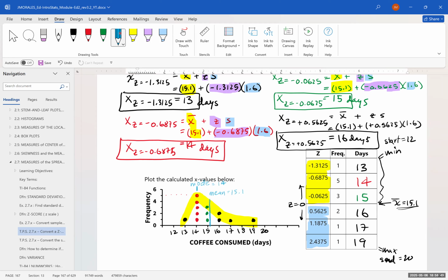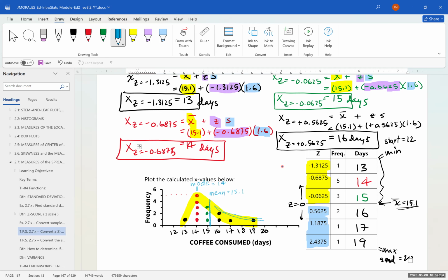Now notice that the mode and the mean are not sitting on top of each other. And the mean is being pulled to the right, because this distribution is skewed to the right. It's skewed to positive values.